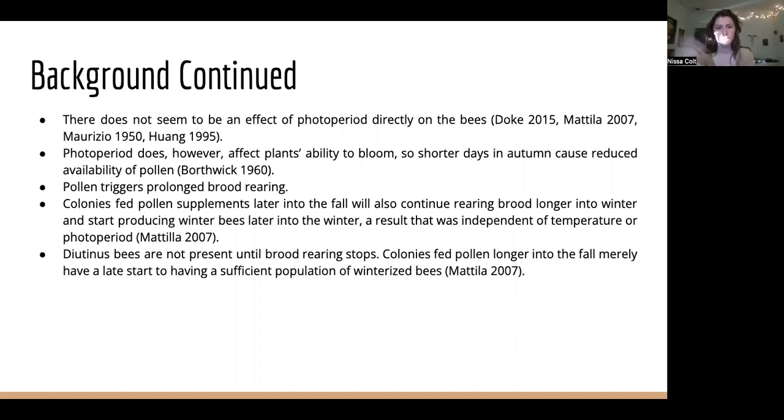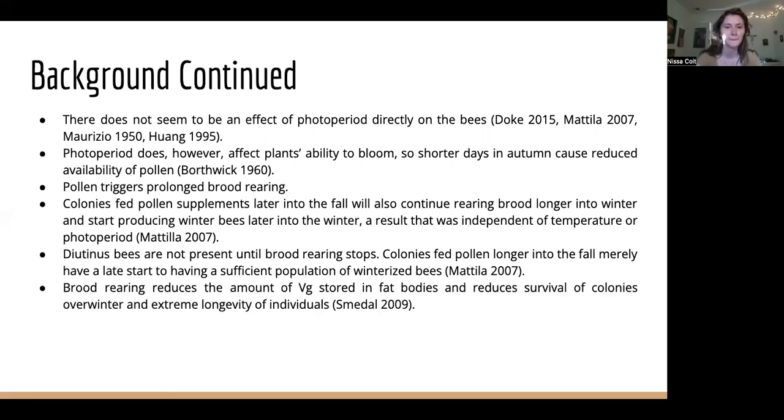And also, like I said, the diutinous bees do not become present until after brood rearing stops. So you don't want to continue creating brood by feeding pollen if you want them to overwinter successfully. The other thing is that brood rearing reduces the amount of vitellogenin stored in the fat bodies, and it reduces the colony's overwinter success and extreme longevity.